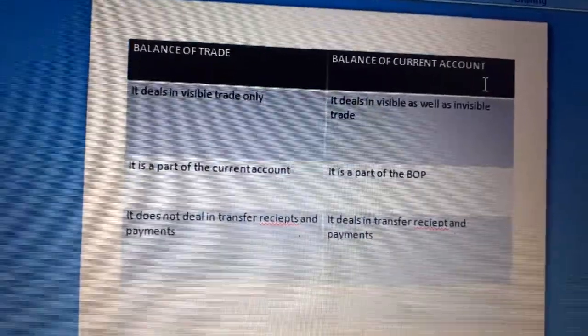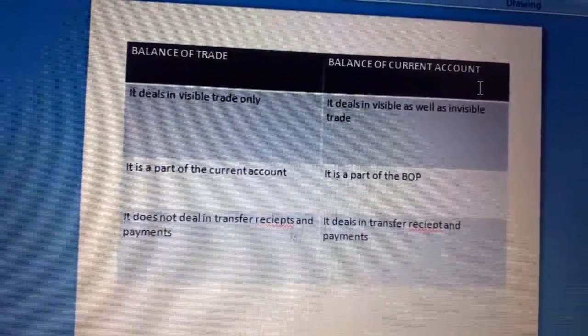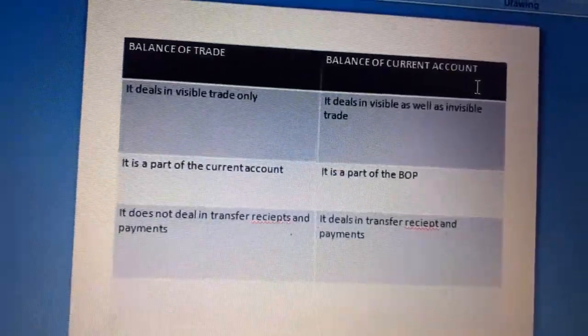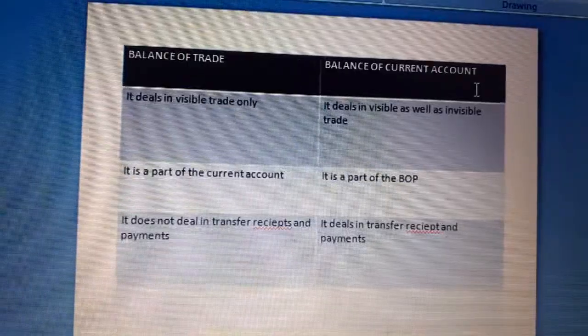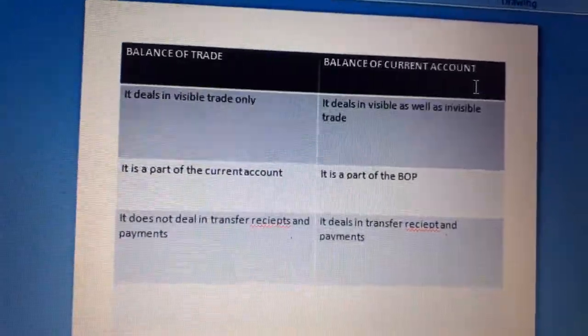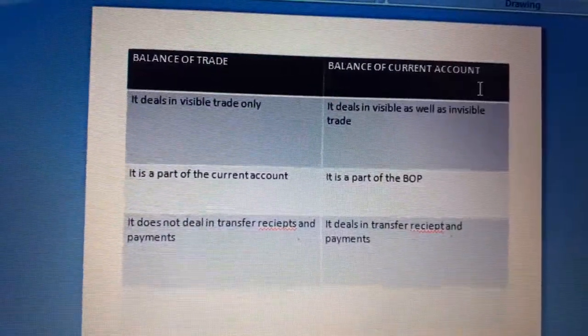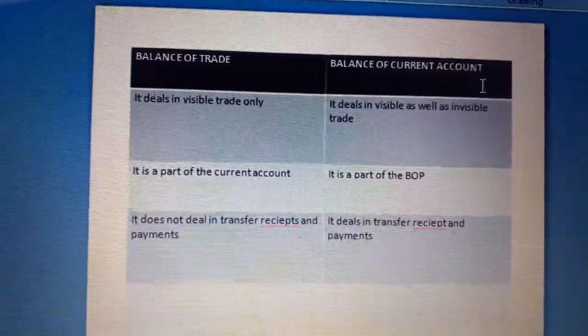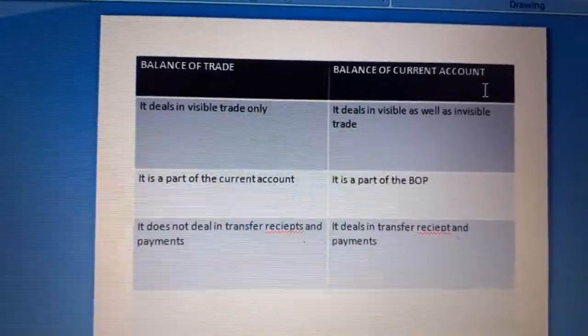The third one which I have put here is that the balance of current account is a part of balance of payment. This is a point which we are just giving. It's not very convincing, but just to make sure that we have 3 points, we have given this point. So these are the differences between the different accounts.